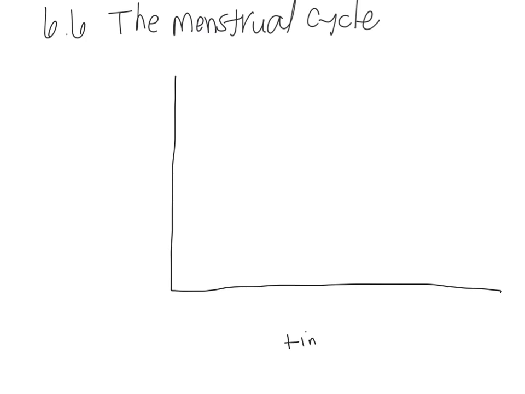So this is time. And since a woman's cycle is generally split up into 28 days, here's 0 days. Halfway through would be 14 days, and the end would be 28 days. It's important to know that the 28th day is also the 0 day, because it's a cycle.